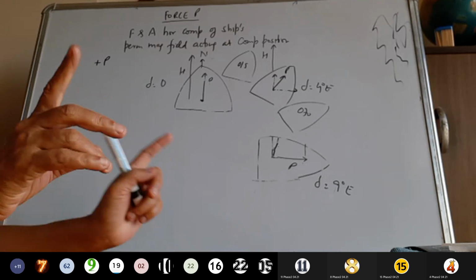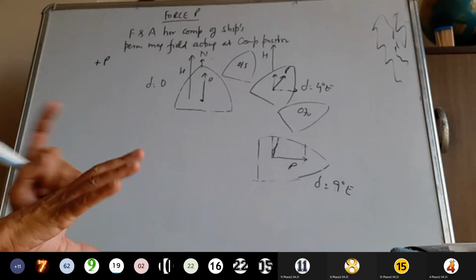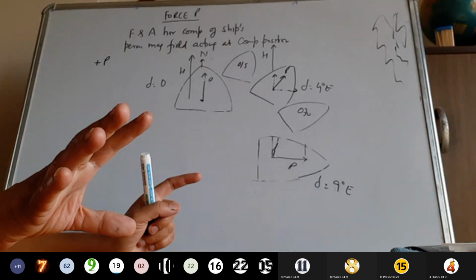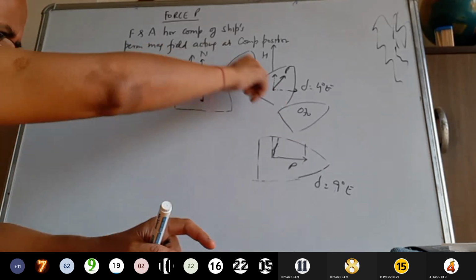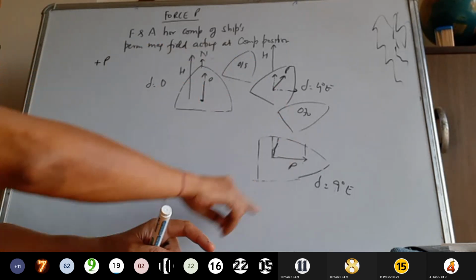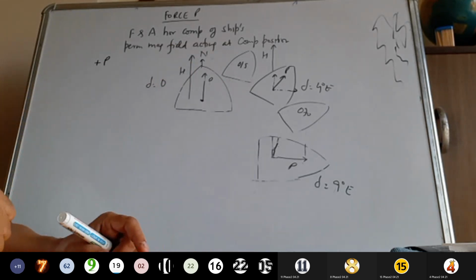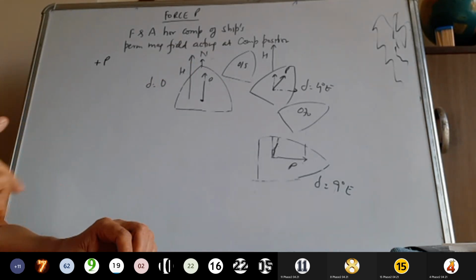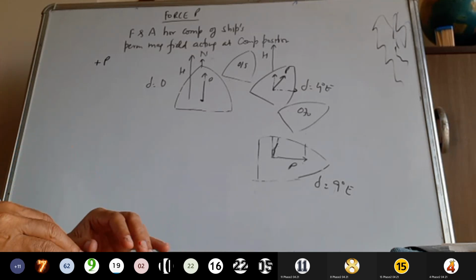Remember, this force P is not changing. And for the same place, H is also not changing. H changes with a change of place, but here we are considering a change of course for the same place. So H is also constant for the same place, and P is definitely constant.